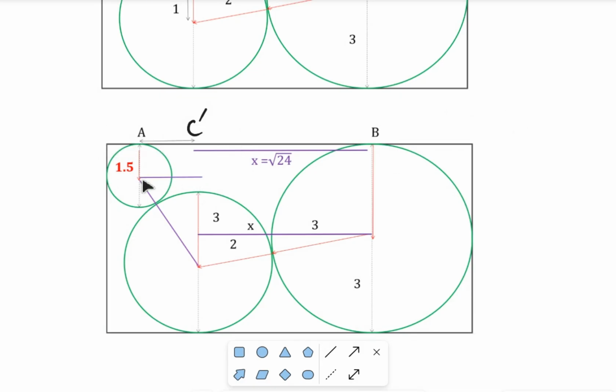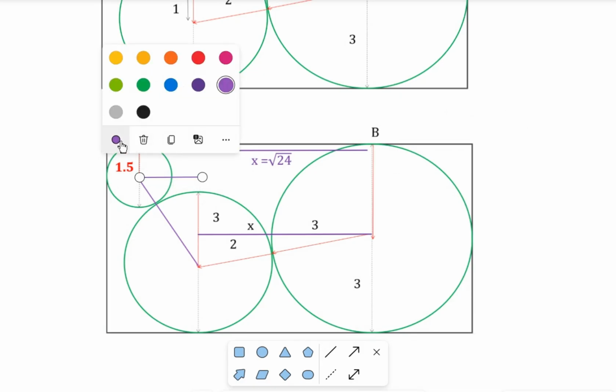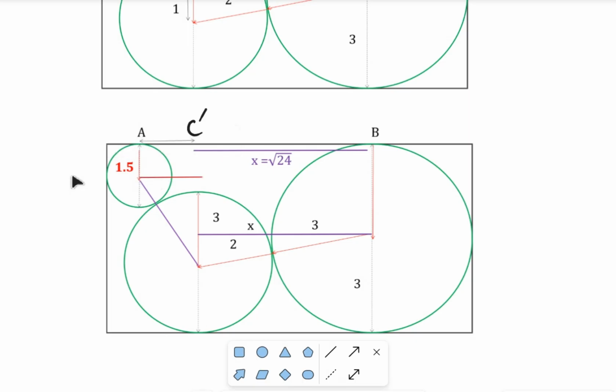Let's consider this line the red line. This red line we have to determine, and let's consider this red line is y units.